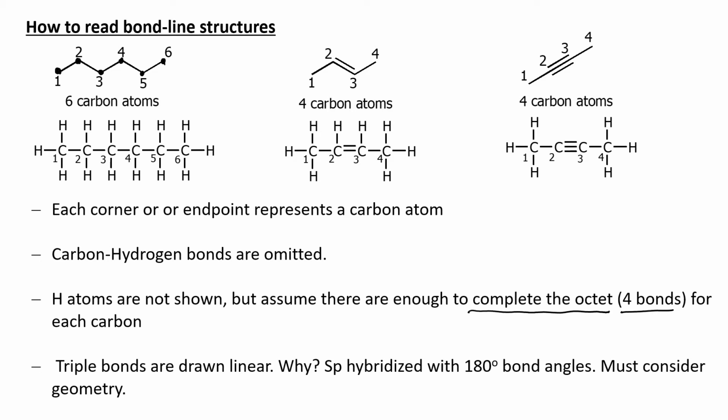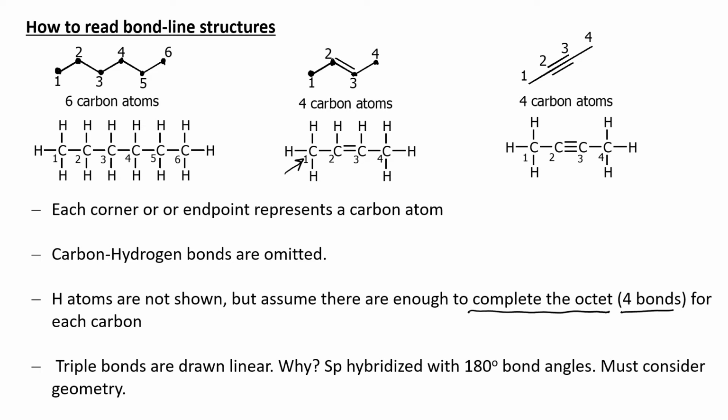In the second example, we have 1, 2, 3, 4 carbon atoms, and in this case we have a double bonded carbon. You can see that the endpoint has a CH3 group, 3 hydrogens. The second carbon has a hydrogen.